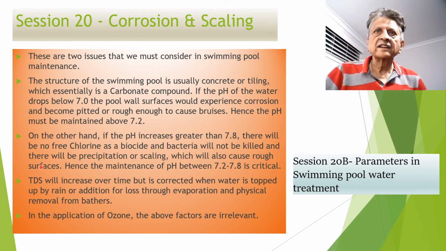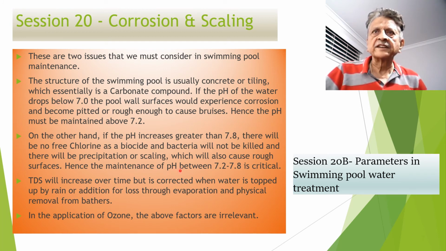On the other hand, if the pH increases greater than 7.8, first of all, there will be no free chlorine as a biocide because most of the chlorine will be in combined form, which means the bacteria will not be killed. And there will be precipitation or scaling. This will also cause rough surfaces because of the scaling.